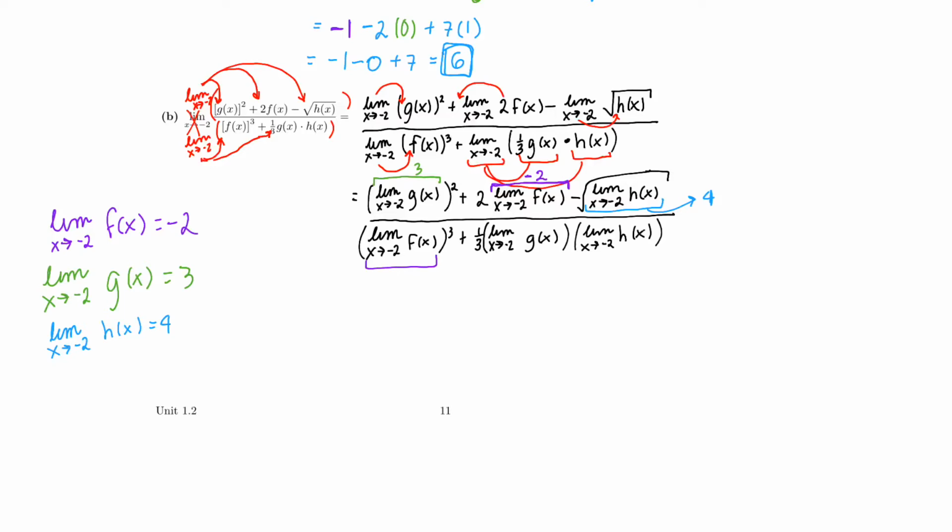This guy right here is -2. This is 3, right? And I'm just pulling it right from over here. And this is 4.